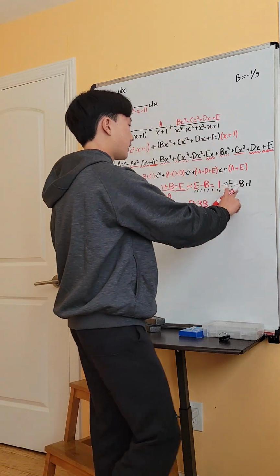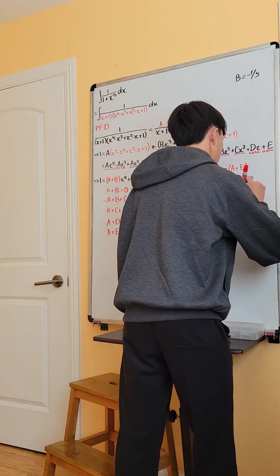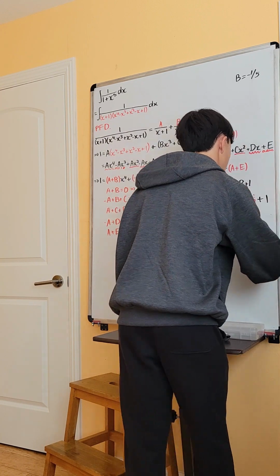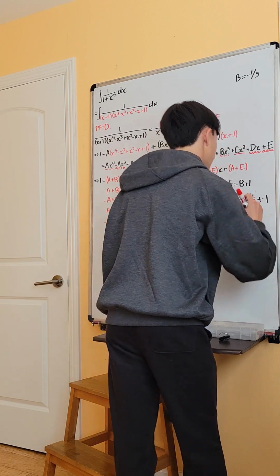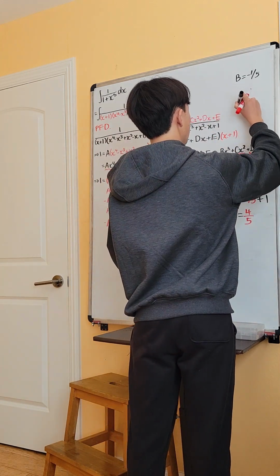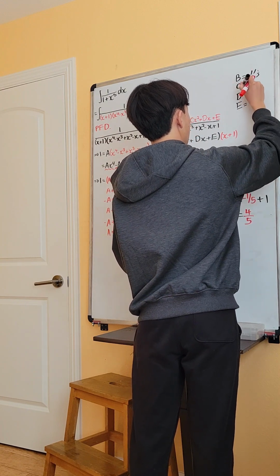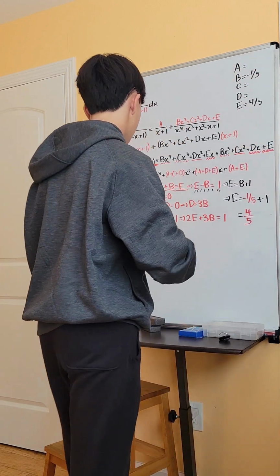Plug in negative 1/5 here, you get E is equal to negative 1/5 plus 1, which is equal to negative, oh no, not negative, just 4/5. So we get E is equal to 4/5. And there is a pattern here, but we'll see as we go.